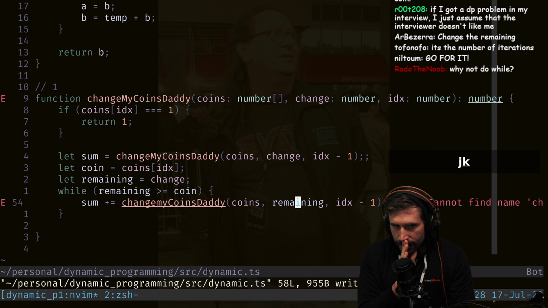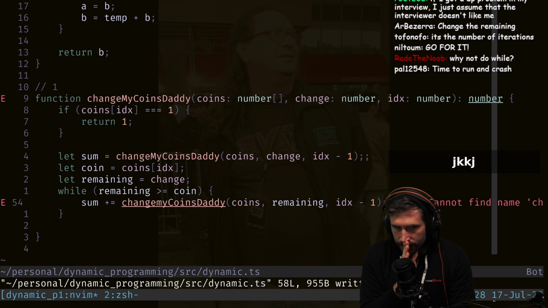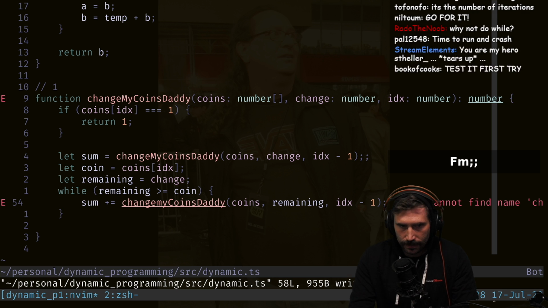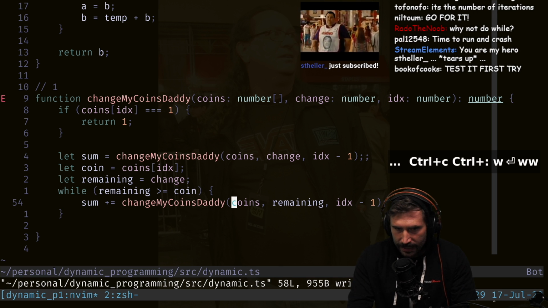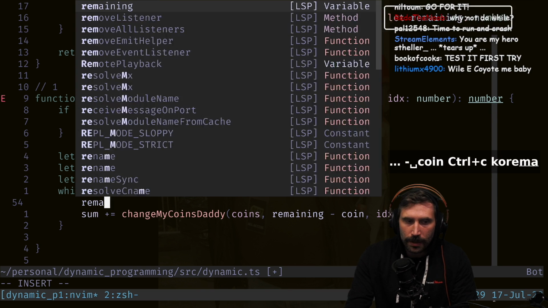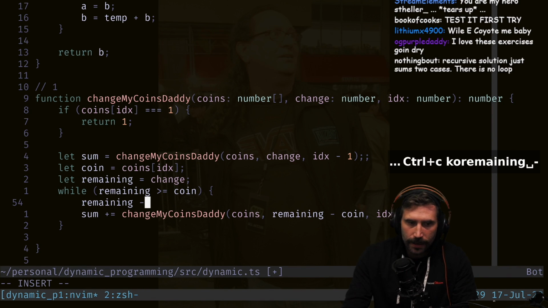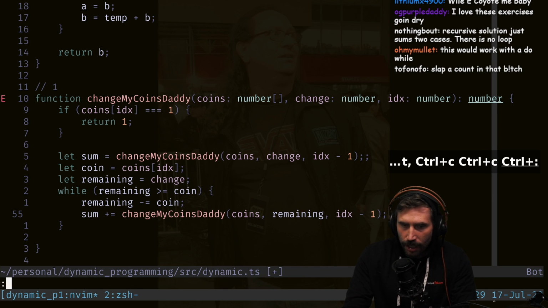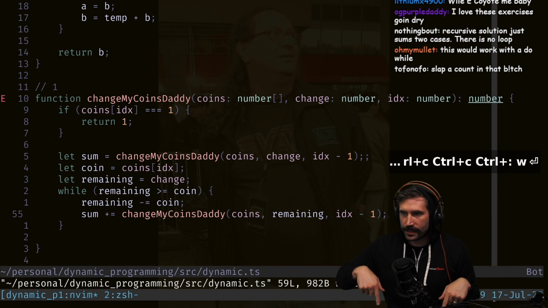All right. While remaining is greater than coin, we're going to do a little change my coins daddy. Remaining minus equals coin. And then we need to calculate all of them below us, right?